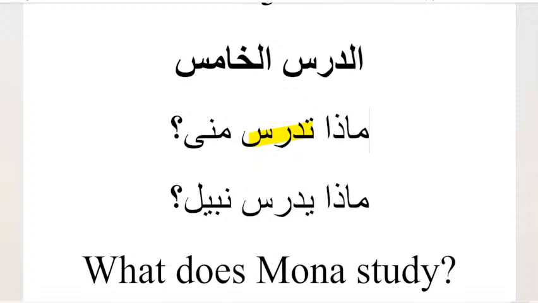You can start with the ta, just this shape, and then you put 2 dots on top, and then you write the dal. The dal doesn't connect to the next letter, which is ra, and then you write the last one, which is the sin. تدرس.